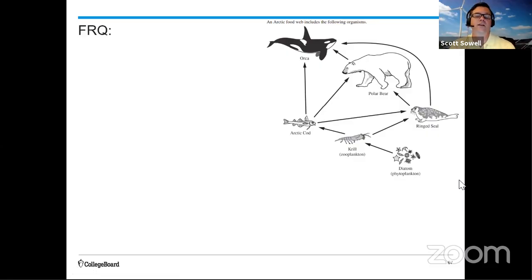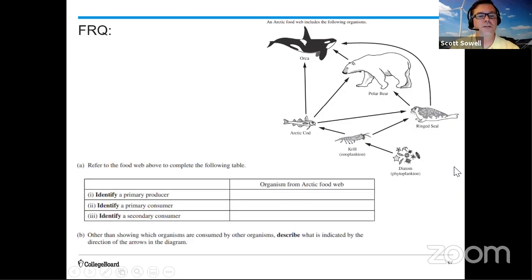You should start looking at who eats who, because the first question says, refer to the food web above to complete the following table. So identify a primary producer, identify a primary consumer, and identify a secondary consumer. Take 30 seconds and answer those three really quick.